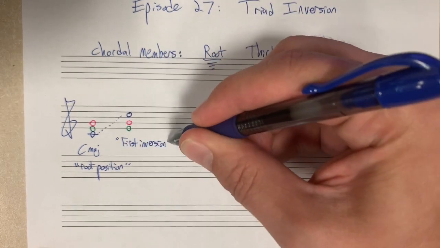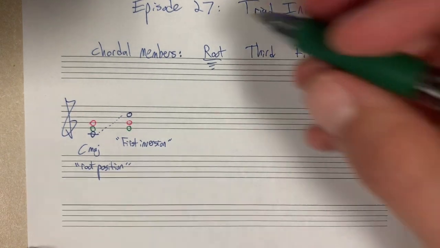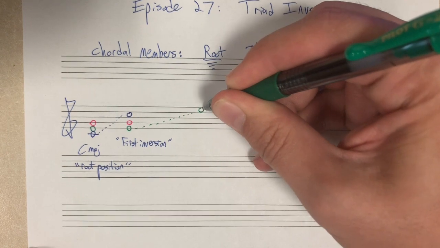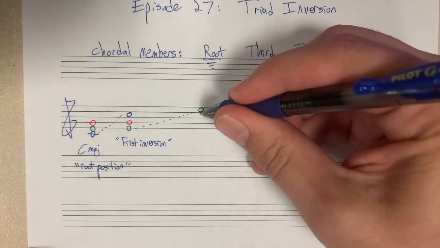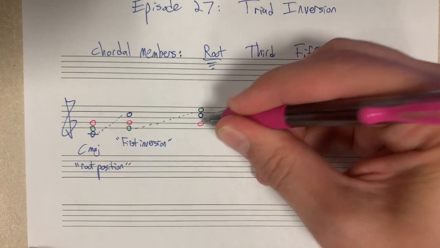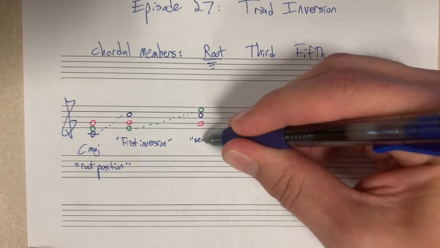And as you can maybe guess, if we're going to call this first inversion, why would we even bother with the first thing if there wasn't another one? And look, there it is. We could pop that third up to the top. And now all of a sudden we have a second inversion chord.